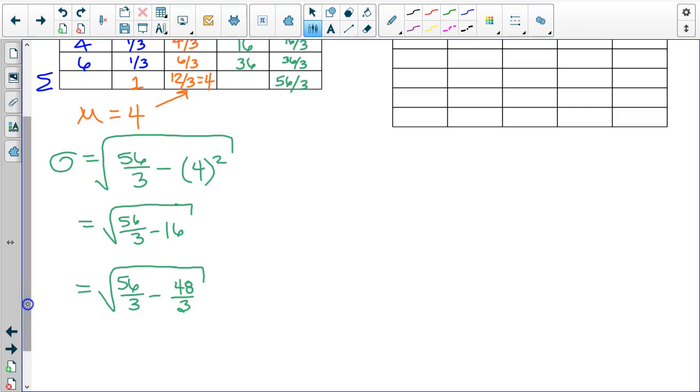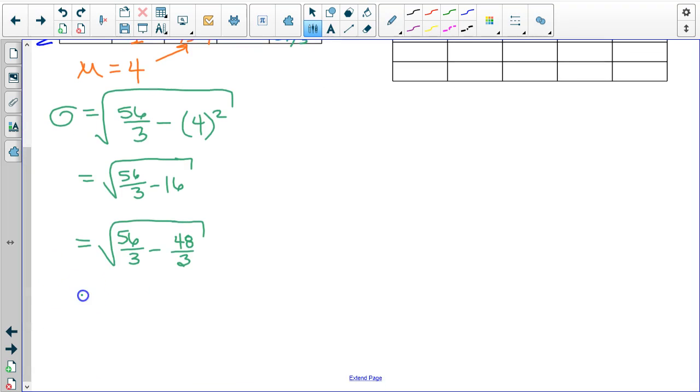Okay, and now we can subtract 56 minus 48. 8, right? So we get the square root of 8 thirds. And now you can type that in your calculator. Y'all had me last year. You know I work them as far as I can. But calculators are good to help with standard deviation. So we get about what?